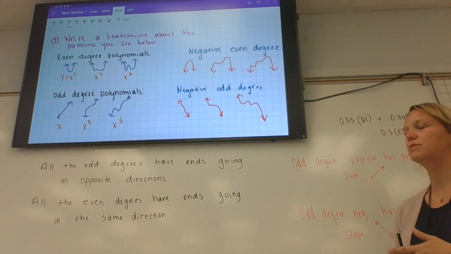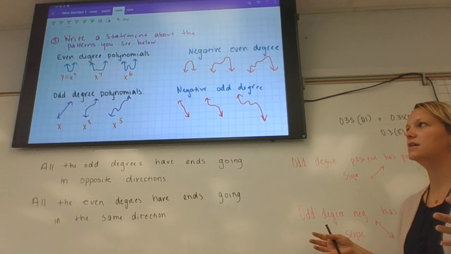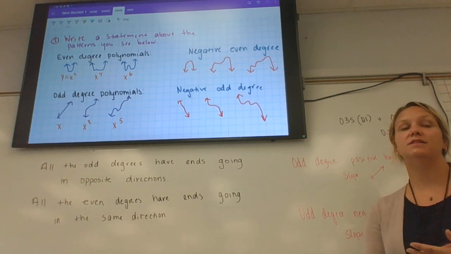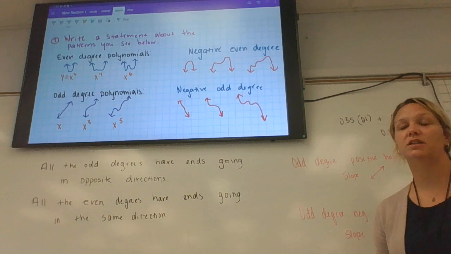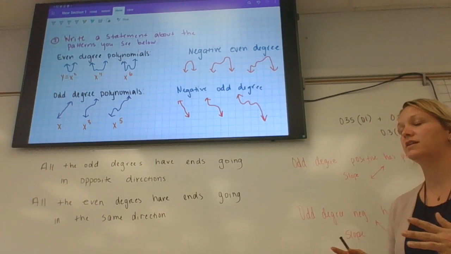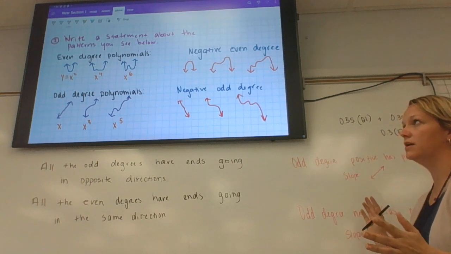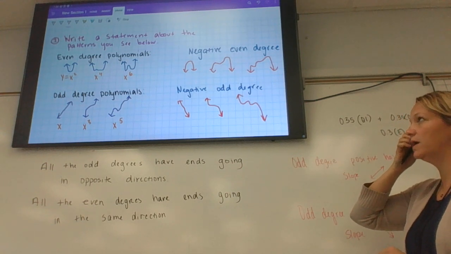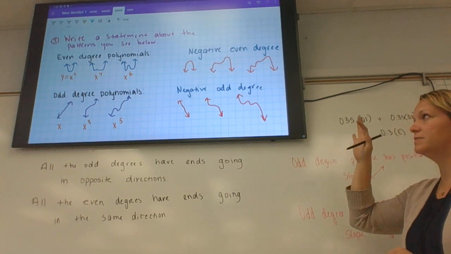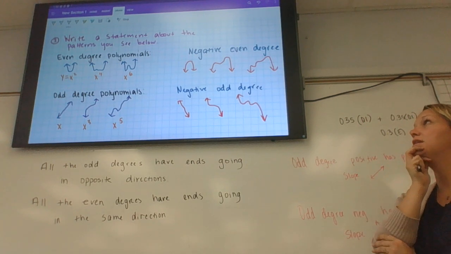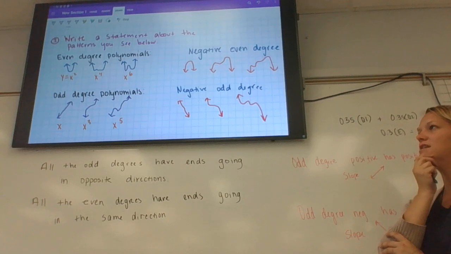But the truth is, most real data, when it's graphed, doesn't make a perfect straight line, and it's not symmetrical. Up until now, most of the data you've worked with has been symmetrical in a straight line. But polynomials open that up. So just take a look, try to figure out what these patterns are, and write some statements about the patterns, if you can.